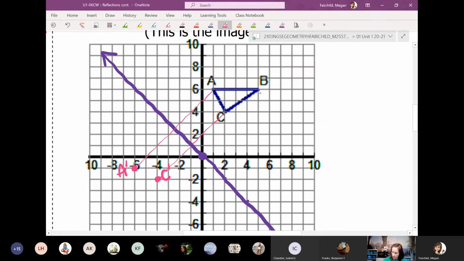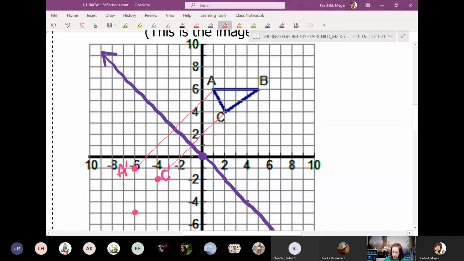And B, I'm going to count 1, 2, 3, 4, 5.5 diagonals, and 1, 2, 3, 4, 5. No, that's not right. 1, 2, 3, 4, 5.5, half, 1, 2, 3, 4, 5.